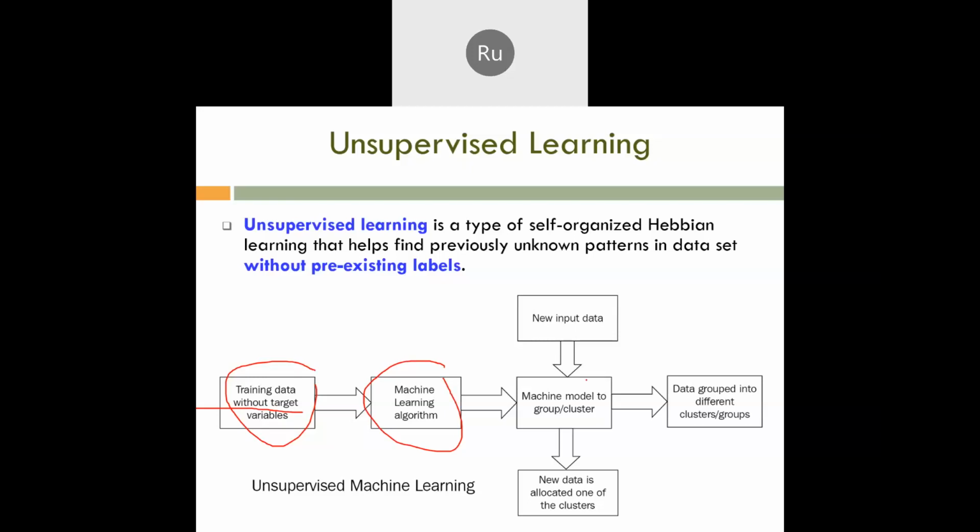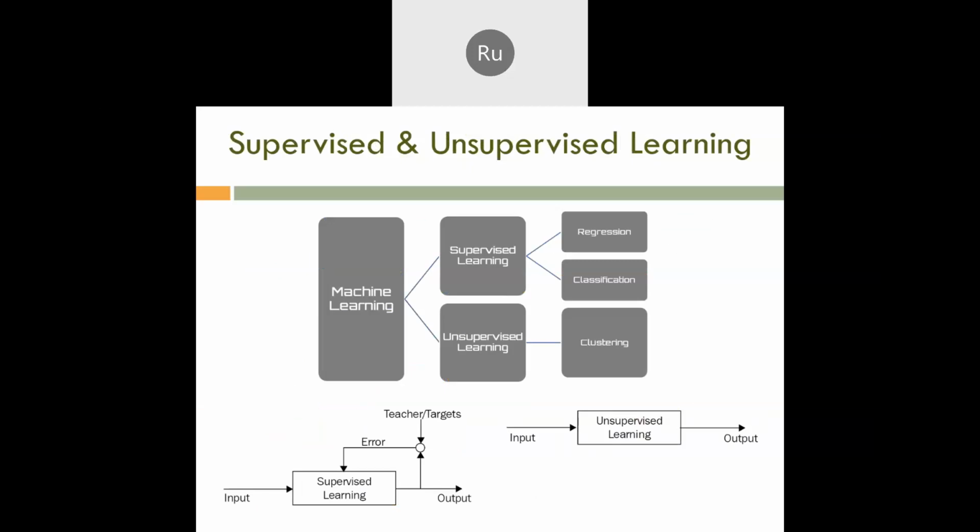Once we train the model, and we have a new input, we can put it in the right cluster, or in the right group. That is what we call unsupervised machine learning, which involves clustering.